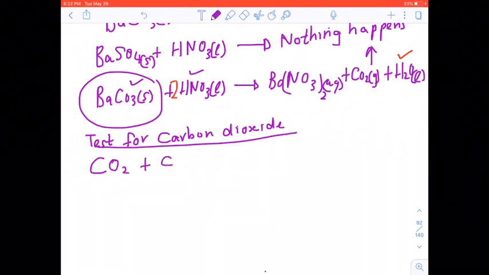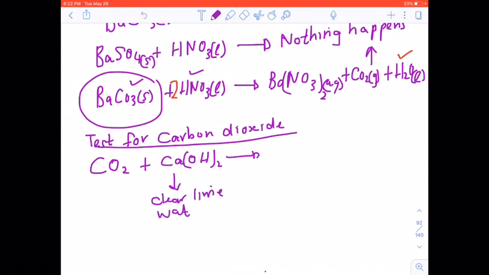If we take clear lime water, that's calcium hydroxide. And what happens? When CO2 gas is passed through clear lime water, we find that it becomes milky.